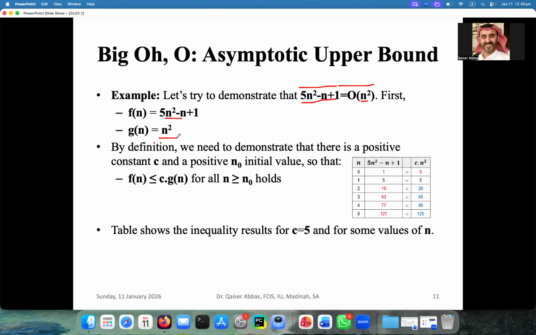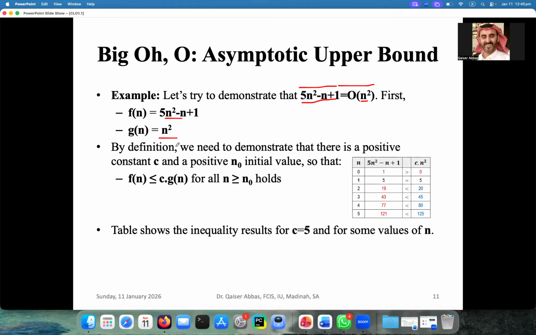Now, what do we have to prove? That f of n is less than or equal to c g of n. For this, we have to find n0, the initial point, and a positive c. Then we will start putting values in the equation and see for different values.